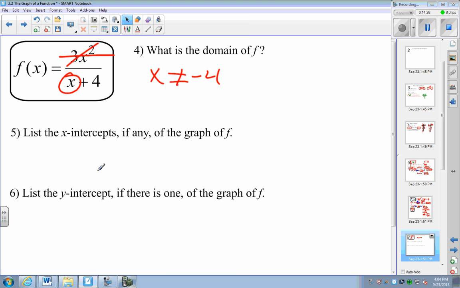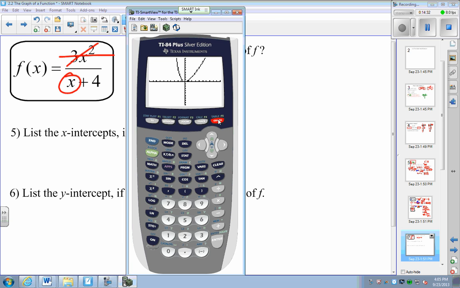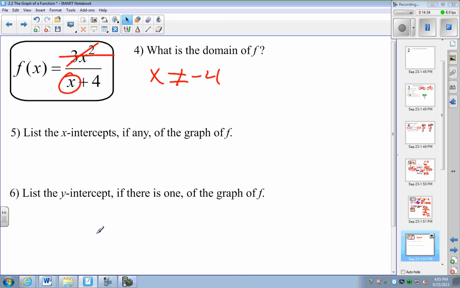Okay, list the x-intercepts, if any, of the graph. If we look at it, it looks like it's going to hit the x-axis somewhere. What do we know about an x-intercept? We know it's x-intercept, comma, 0. So we know that the y value is nothing. We just have to go ahead and solve this.